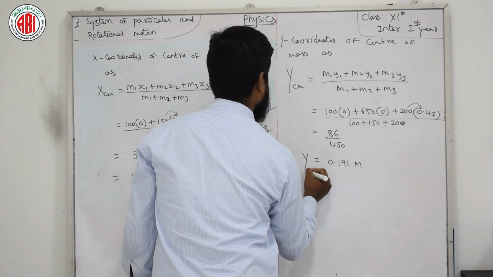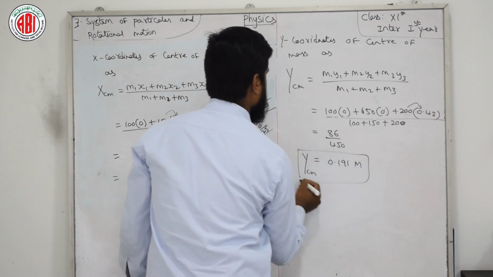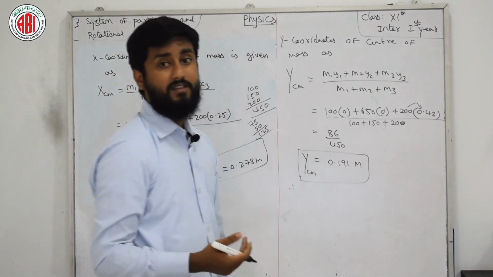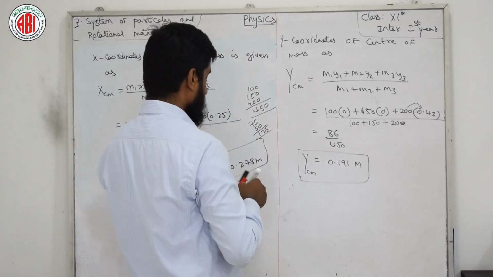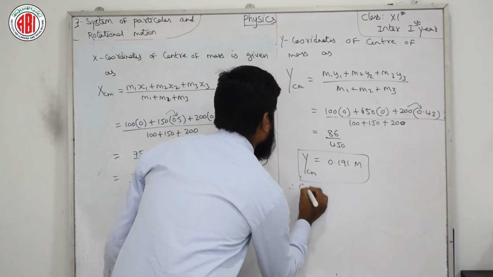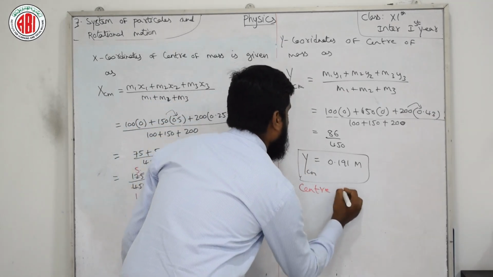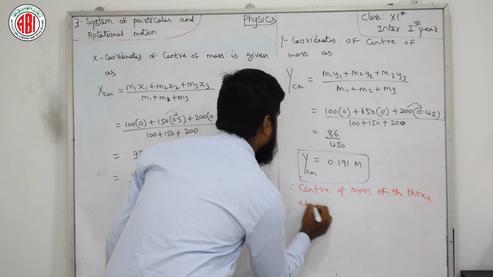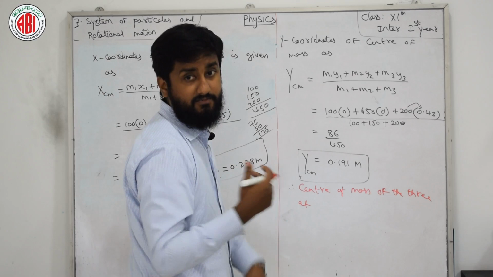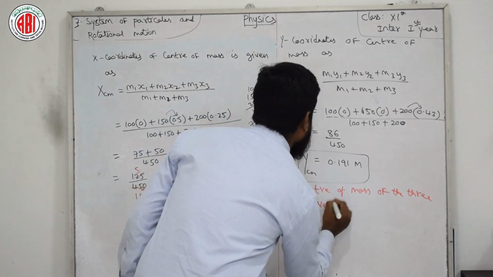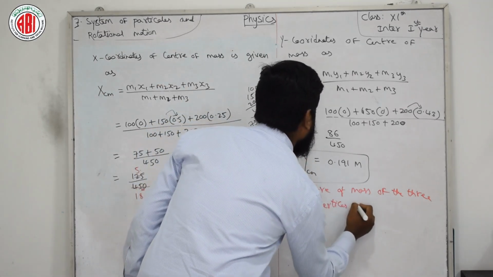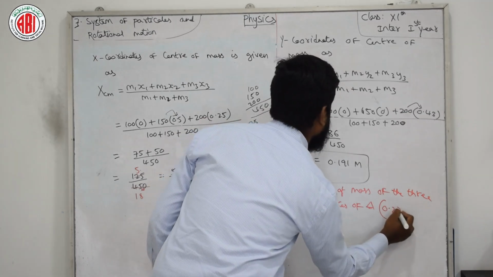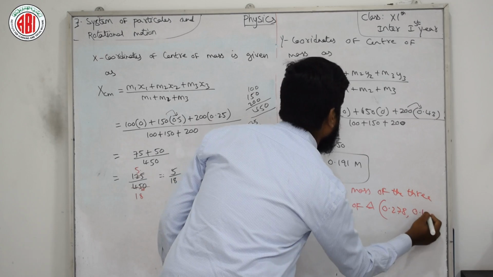So y centimeter is 0.191 meter. Therefore, for the final step, I am writing with a different color marker: the center of mass of the three particles at the vertices of an equilateral triangle is 0.278 comma 0.191.